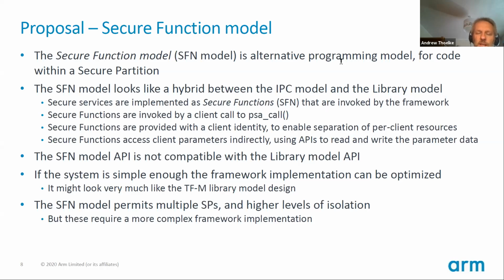And it will have indirect client parameter access using APIs to read and write the parameter data as for the IPC model, which was the intention eventually for the library model, to become a bit safer by doing this. As a result, the secure function model API won't be compatible with the library model API. So if you've got services that use the library model, they'll need some modification or adaptation to work with the secure function model.